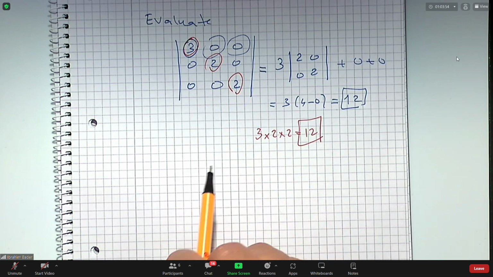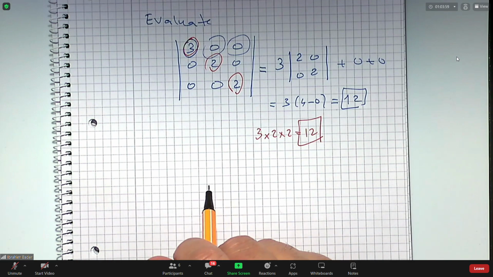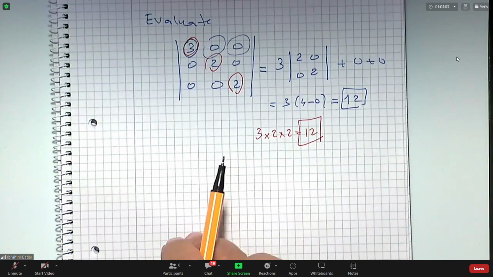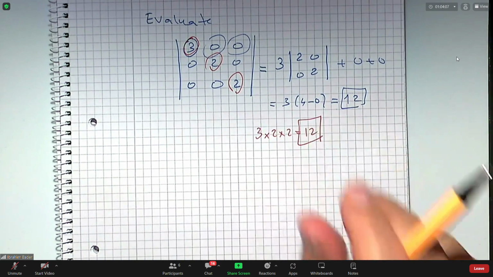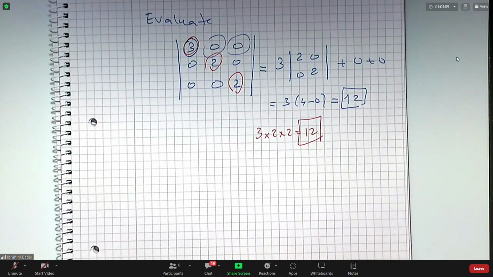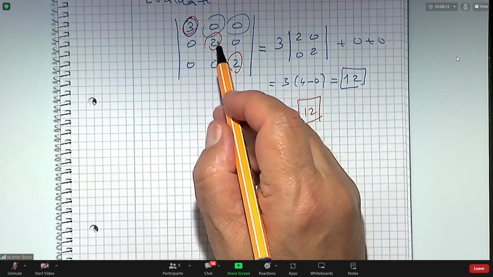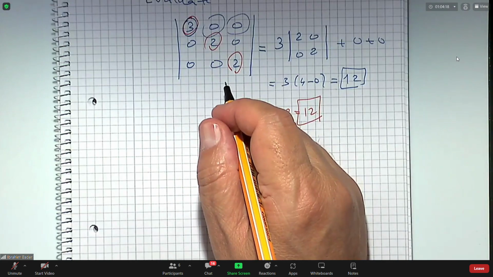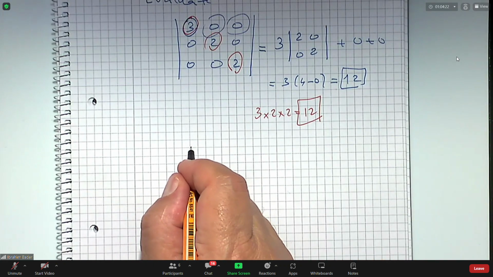So if you have a large determinant, let's say 4 by 4 or 5 by 5, and you have a row or a column with many zeros, then you can use it instead of using the first row as we did. This will work for such matrices where you have zeros above and below the diagonal, but also it will work for other forms.